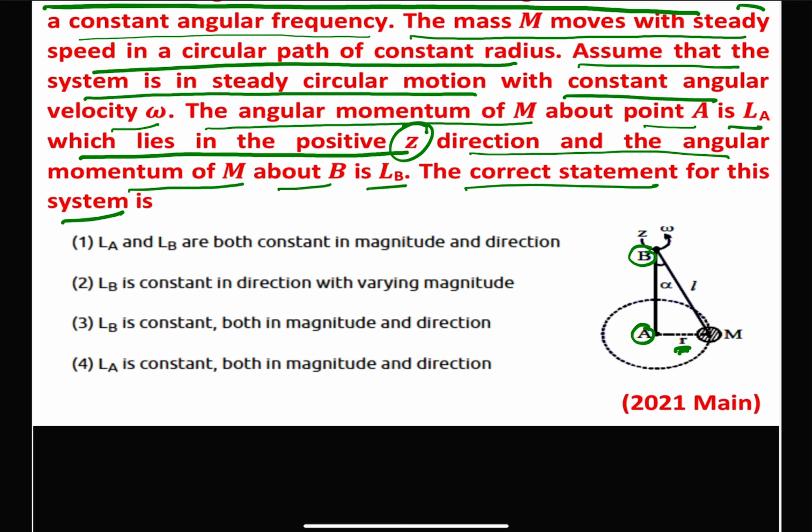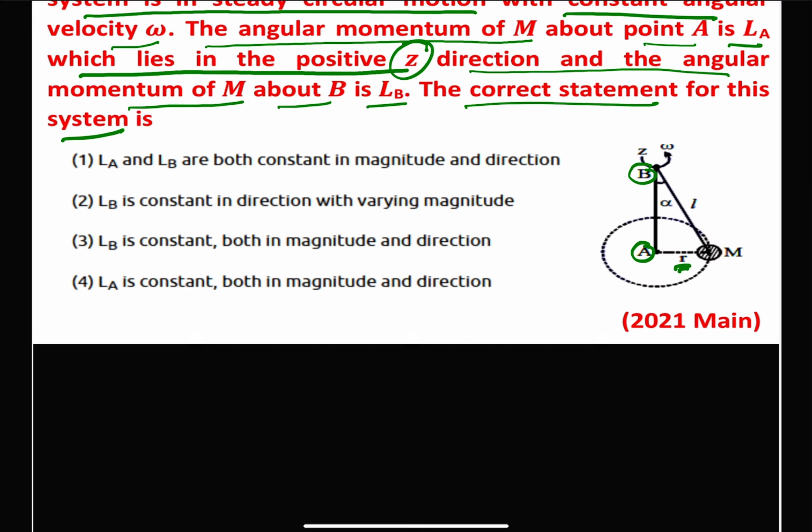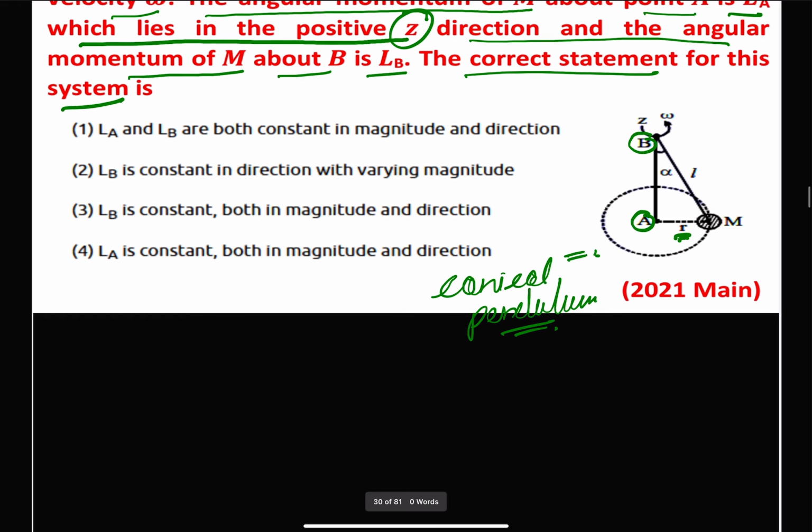And basically this results in a conical pendulum. This we can call a conical pendulum. And let us consider this point A as origin and mark its coordinate as 0, 0, 0.